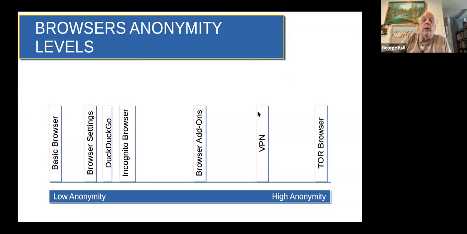So there are ways where they can actually track back through the VPN. And then the final highest level of anonymity is the Tor browser. And Paul will get into that. I'll let Paul talk about that later.